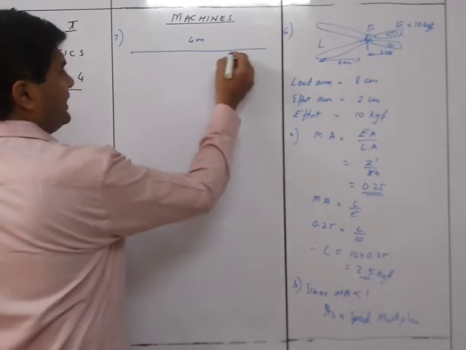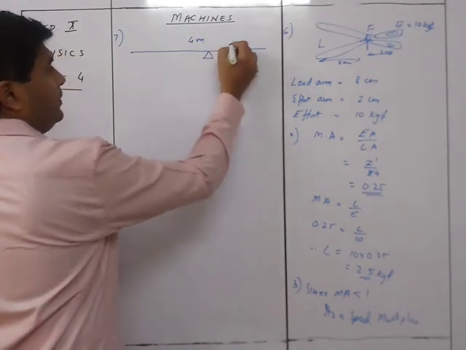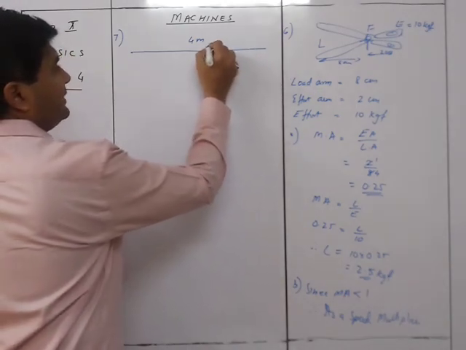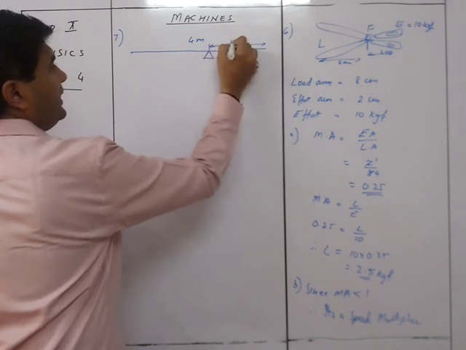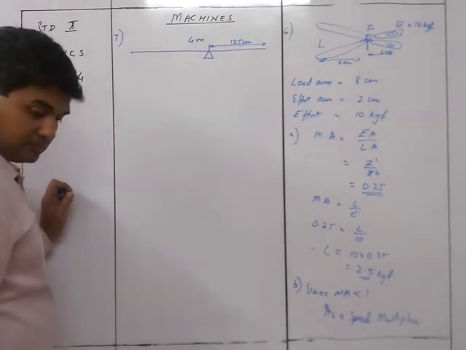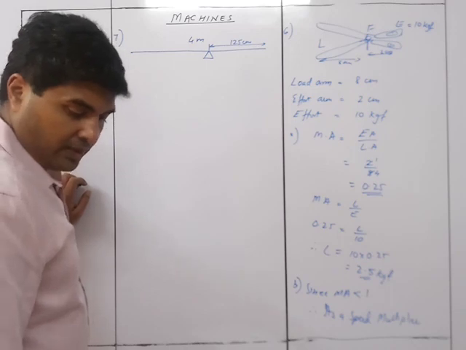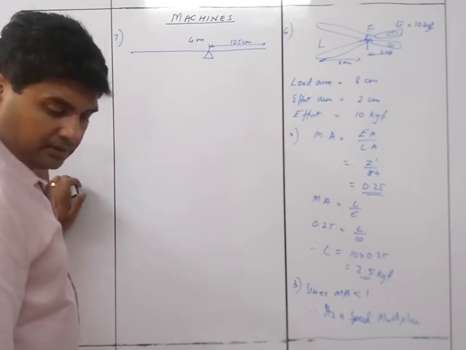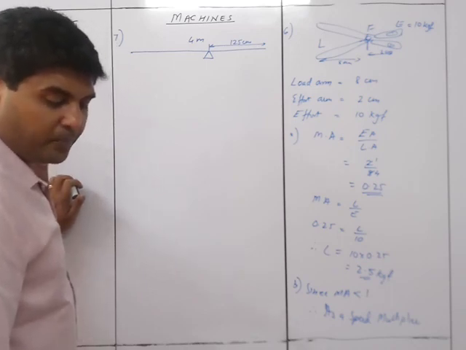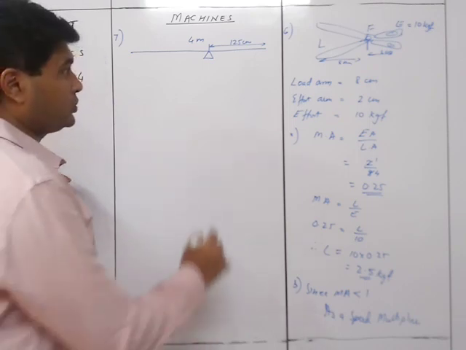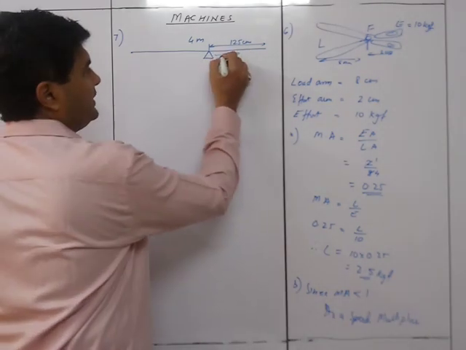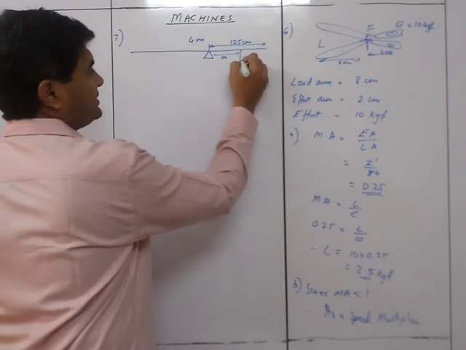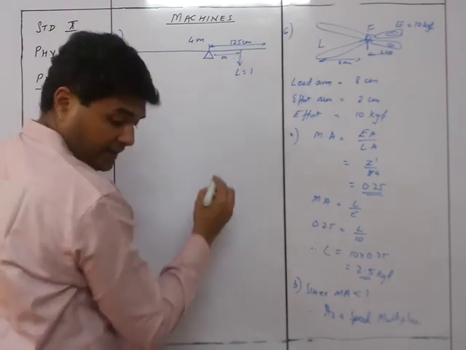So here we see that this F is at 125 centimeters, and a load of 18 is suspended at a point 60 centimeters from the support. So from here to here it is 60. This is the load equal to 18 kgf.